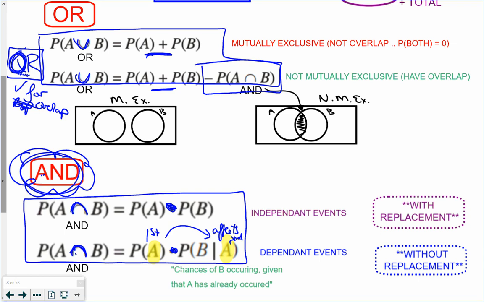The or, you may have to subtract the overlap, you may not. It depends, like some questions have overlap, some questions don't. Okay? They're not going to tell you. It's something you have to check for. Now, the other way to do these questions is to throw this out entirely and to just use Venn diagrams, which some of you did, and you actually liked that.